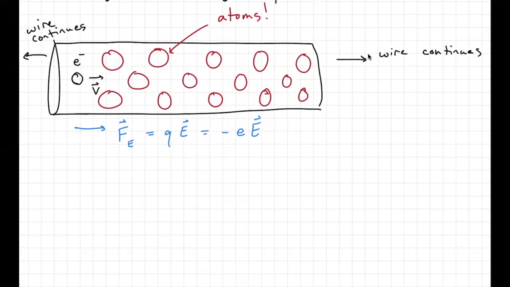So what if we work with that? Let's say there's another force on the electron that goes this way. That's some sort of drag force, proportional to minus BV, where B is some sort of drag constant.